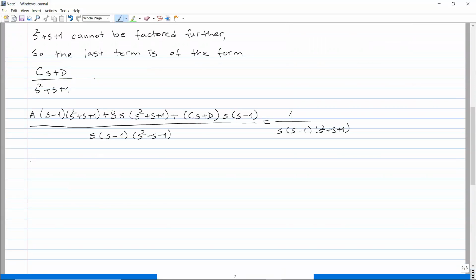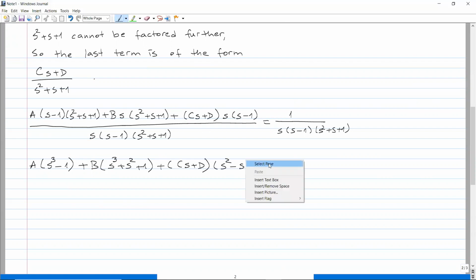So a times, if I multiply s minus 1 with s squared plus s plus 1, I get s cubed minus 1, plus b times s with s squared plus s plus 1, and then cs plus d times s squared minus s. This should be 1.